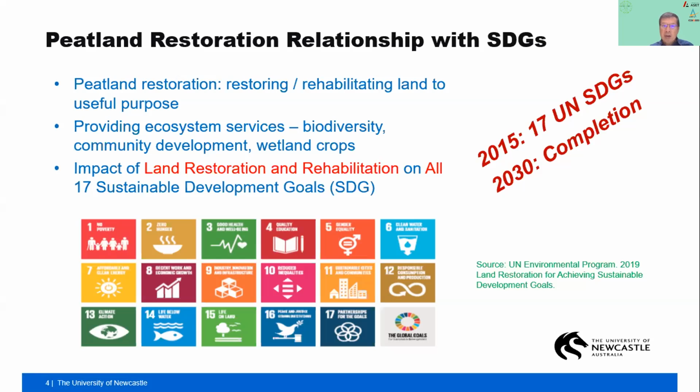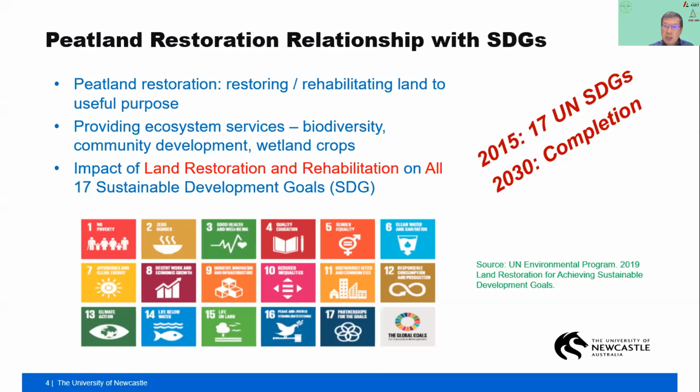The impact of land restoration and rehabilitation is not on only a few, but on all 17 SDGs. As you see in this report, the source is the UN Environment Programme, which just came out last year, on land restoration for achieving sustainable development goals.